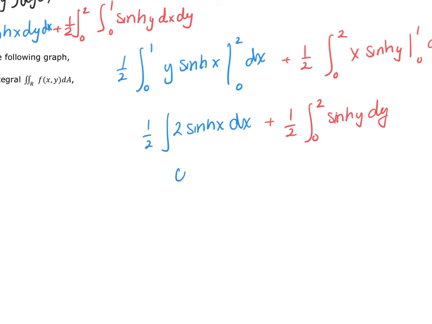So this is going to be the hyperbolic cosine of x evaluated from 0 to 1. This 1/2 and this 2 cancel themselves out. And then I'm going to have plus 1/2 the hyperbolic cosine of y evaluated from 0 to 2.